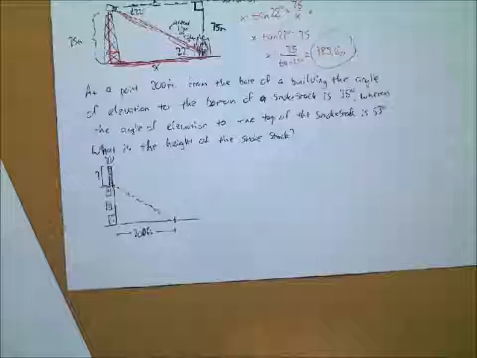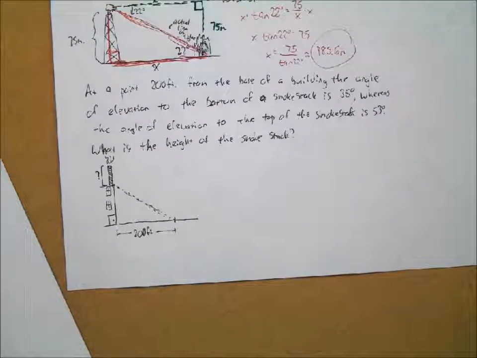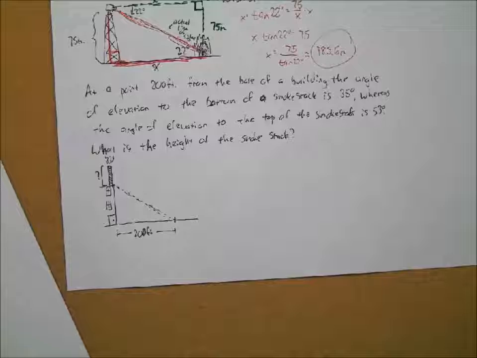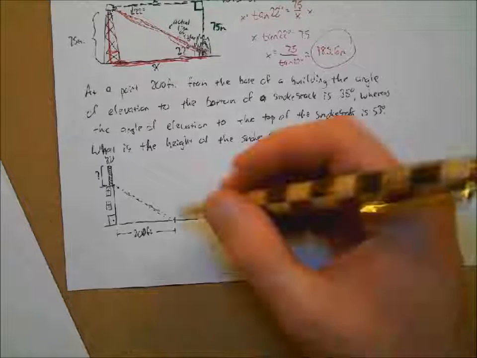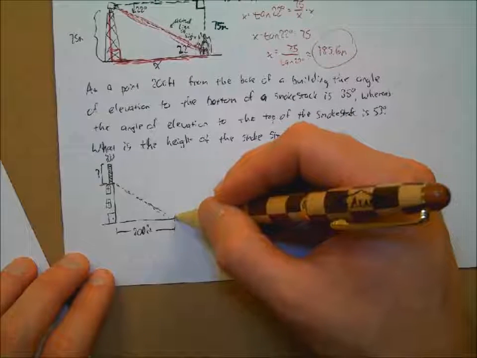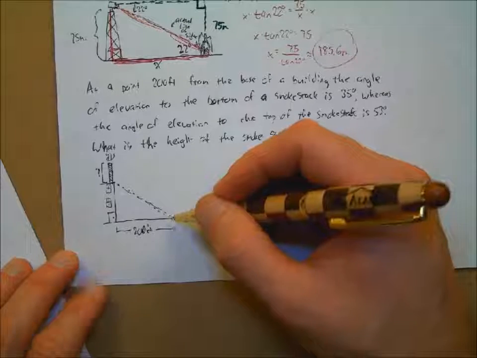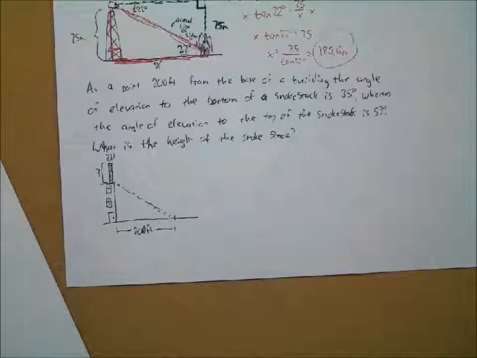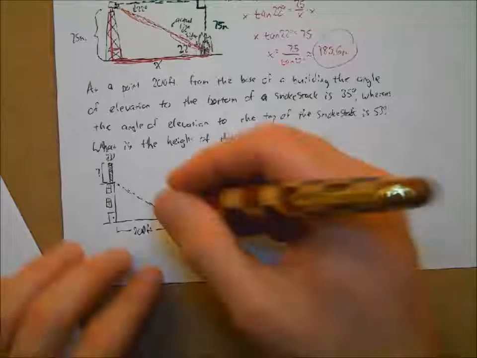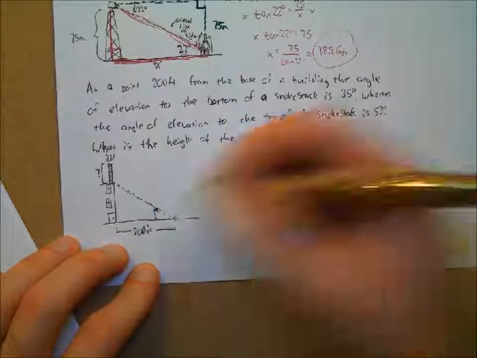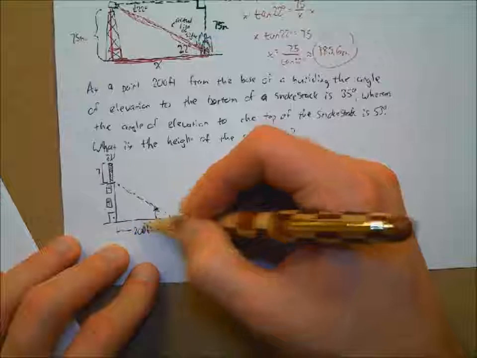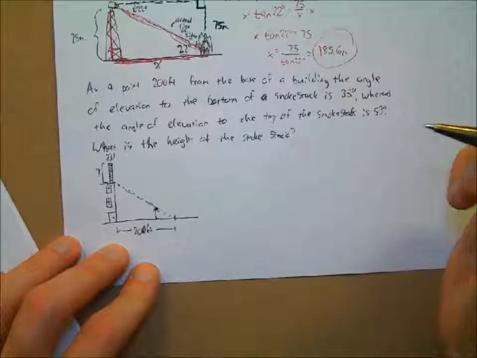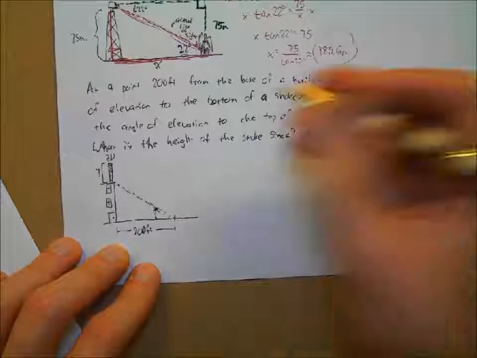So the observer, that's 200 feet away, their angle of elevation, this person on the ground, 35 degrees. The horizontal in this case, we'll say, is just the ground, right? Because again, we're not given the eye height of the person or the height of the object that's doing the observing, so we'll just assume it's with the ground. And so this angle right here, from the horizontal up to the bottom of the smokestack, is what degree measure? 35.